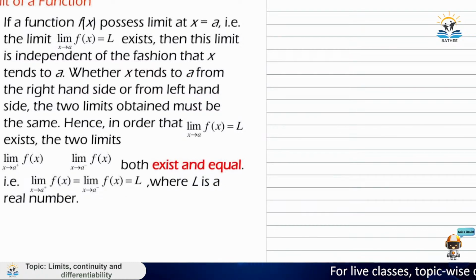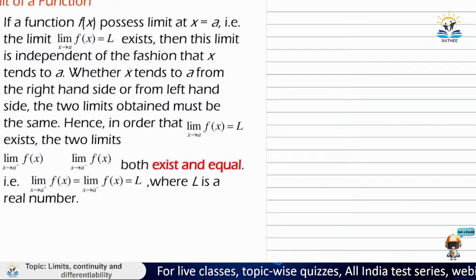Okay, so let's see what we mean by the limit of a function. Let's go by a definition for a minute. If a function f of x possesses a limit at x equals a, that is, the limit as x tends to a of f of x equals L exists, then this limit is independent of the fashion in which x tends to a. Whether x tends to a from the right hand side or from the left hand side, the two limits obtained must be the same.